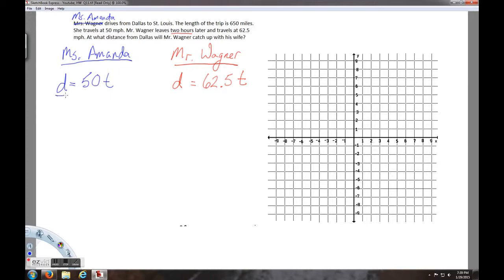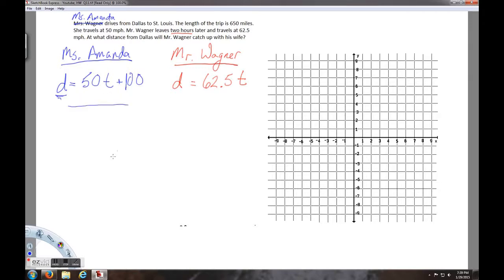But if you look here, this equation is accounting for distance. Distance is our dependent variable. So I can't just add 2 here. I need to think about what's the distance that she'll have gone in those 2 hours. What's the head start that she's getting? And if you know she's going 50 miles an hour, she's going to have a 100-mile head start.